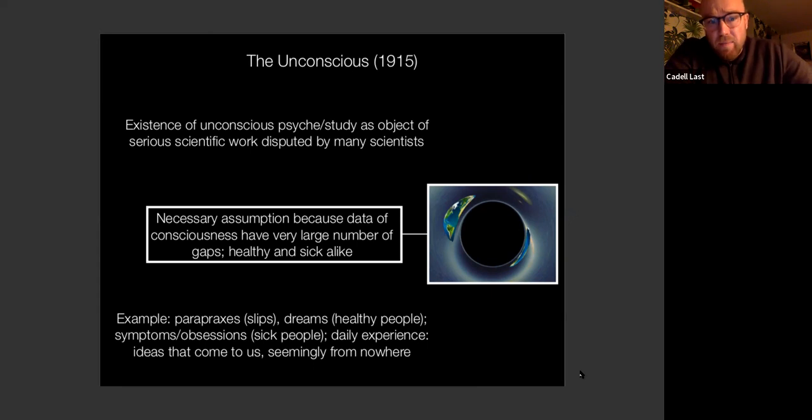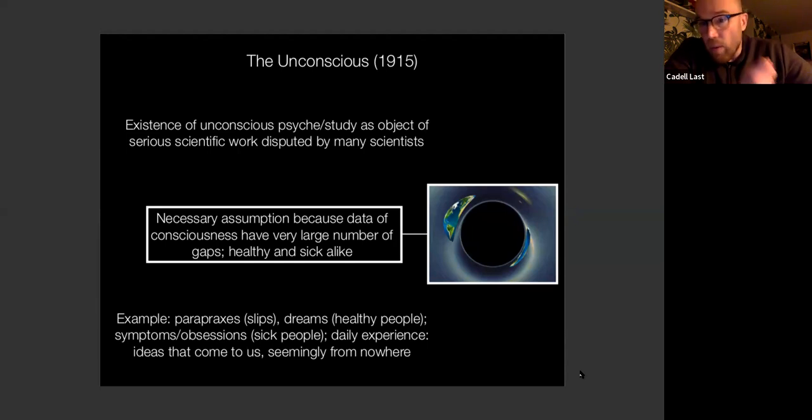However, for Freud, the unconscious is a necessary assumption, namely because data of consciousness have a very large number of gaps in the healthy and the sick alike. So at least for Freud, he's emphasizing here that psychoanalysis does not just have consequences for sick people or neurotic people, but we all have an unconscious, and we're all a little bit neurotic in any case.